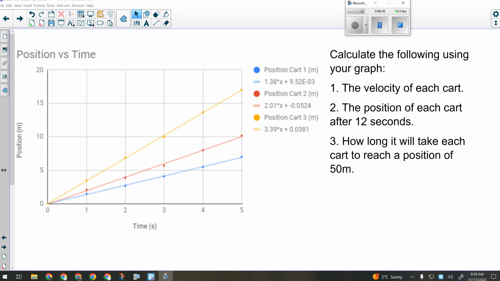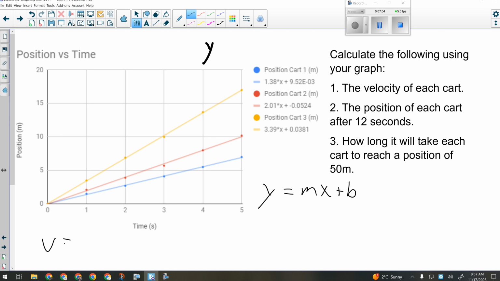If I'm solving for the slope, that's m right here, because these are all y equals m, which is the slope, times x plus b, which is the y-intercept. Now velocity as a formula is displacement divided by time. We haven't done this yet, but you calculate displacement as your change in position.